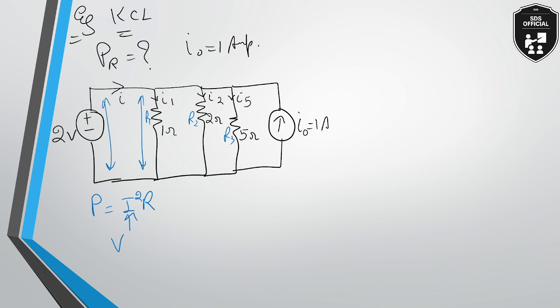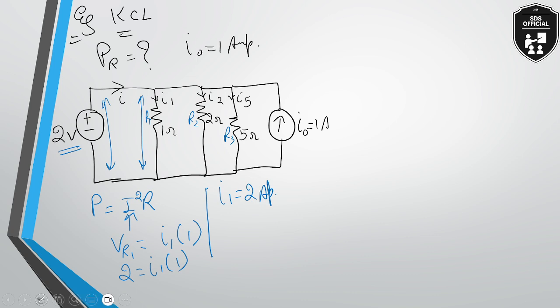The voltage across resistor R1 will be equal to I1 into 1. V is equal to IR. But it is in parallel with this particular voltage source, so 2 is equal to I1 into 1. So what will be the value of I1? I1 will be 2 amperes.